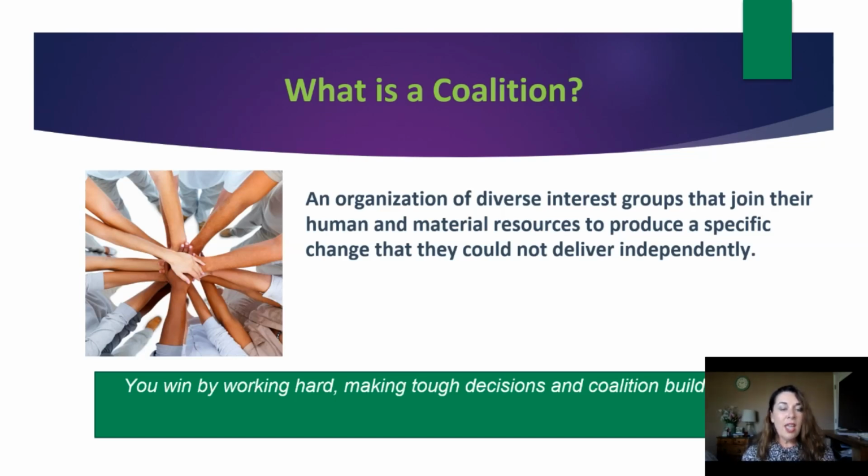A coalition works by working hard, making tough decisions, and building that consensus and coalition all along the way. The truth is, you can't do anything alone. And so it does take all of us working together. And that's the importance of coalitions and why coalition building should be an important element of the work that you do.